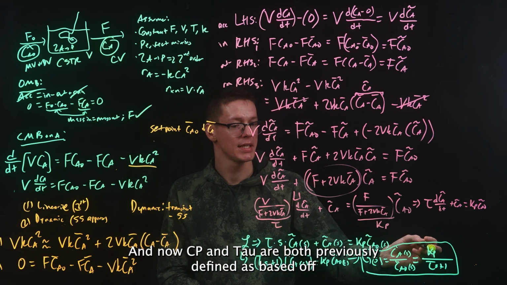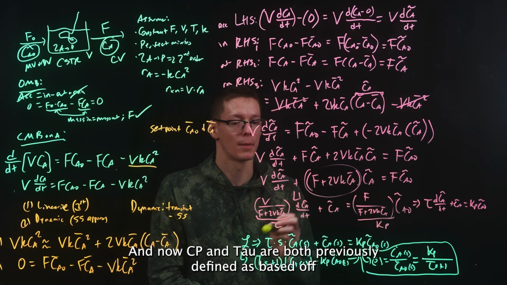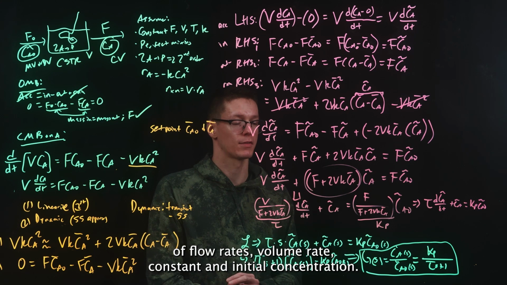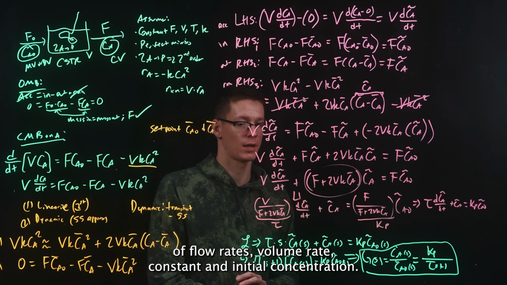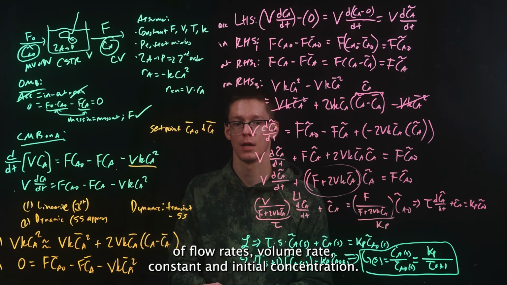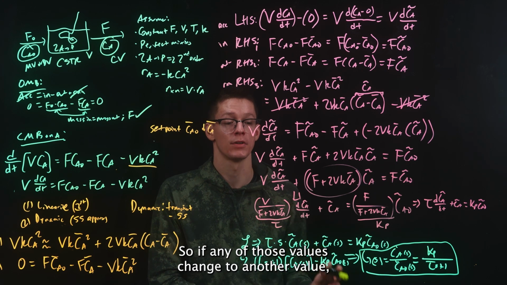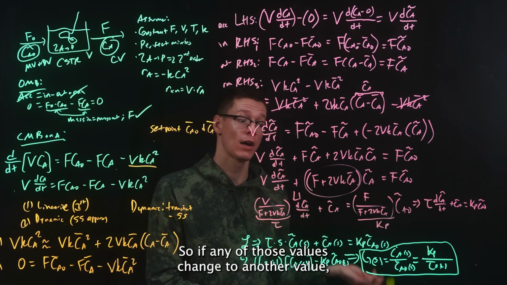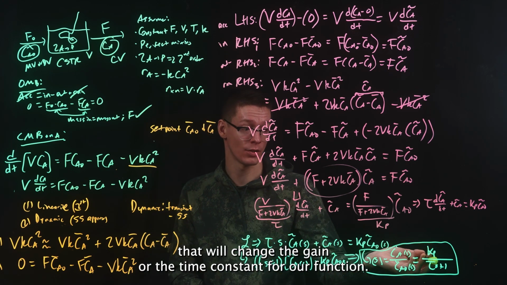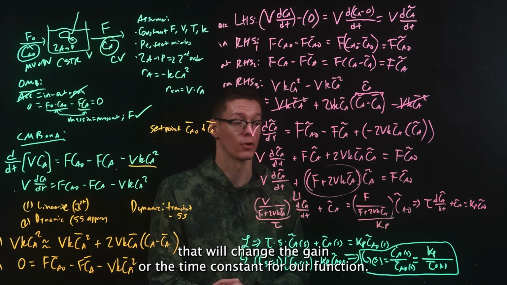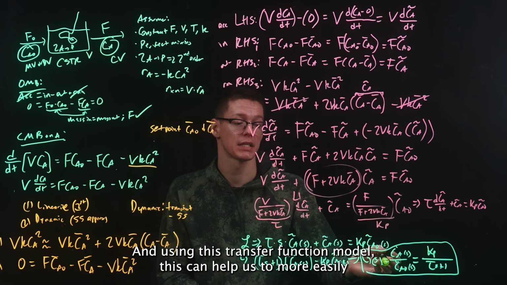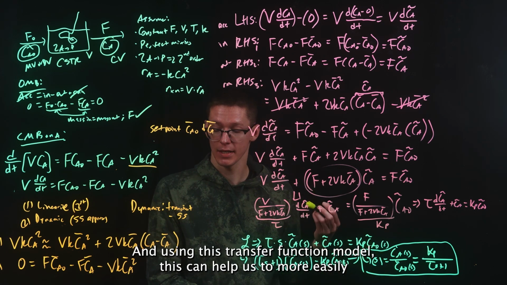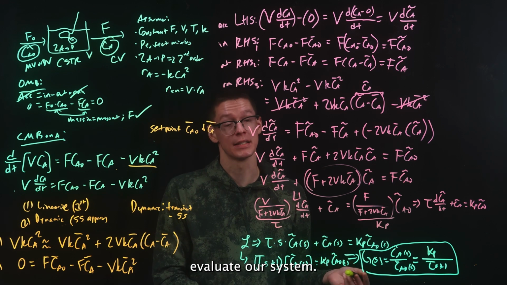And now Kp and tau are both previously defined based off of flow rates, volume, rate constant, and initial concentration. So if any of those values change to another value, that'll change the gain or the time constant for our function. And using this transfer function model, this can help us to more easily evaluate our system.